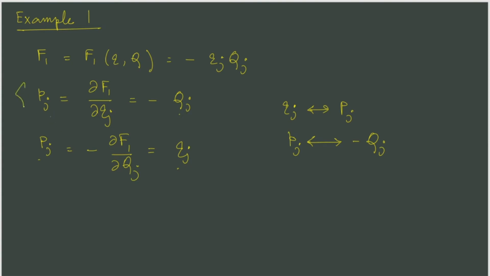This very clearly shows why we repeatedly mention that position and momenta in the Hamiltonian formalism are just names. They enjoy the same status. So you can choose another set of coordinates where the two quantities, the coordinate and momenta, simply have their roles interchanged. So this is one example.